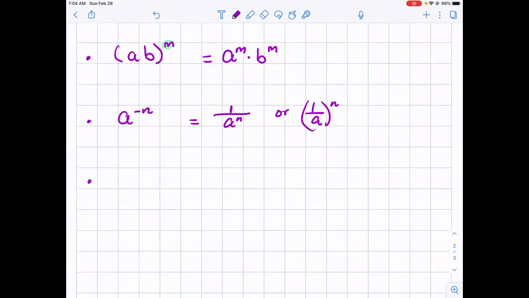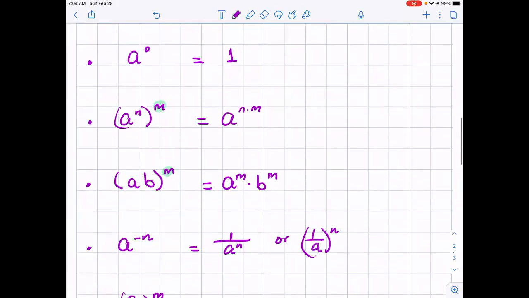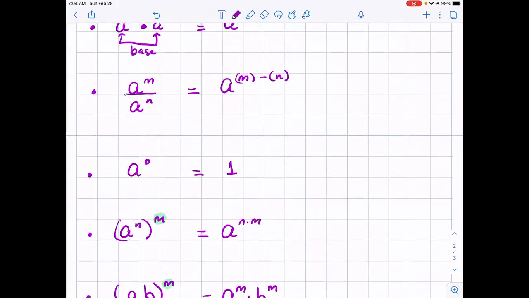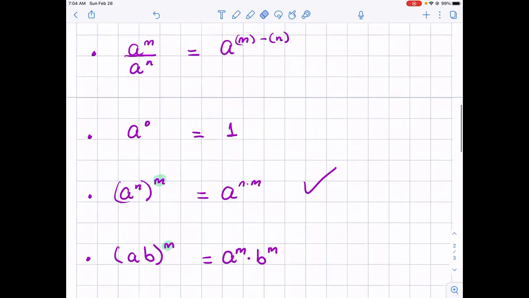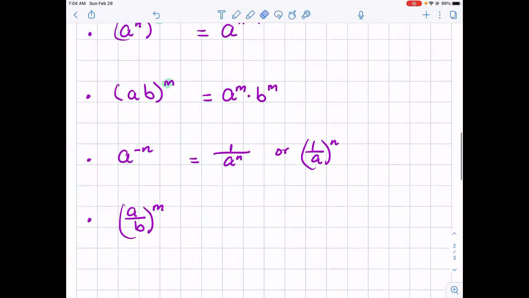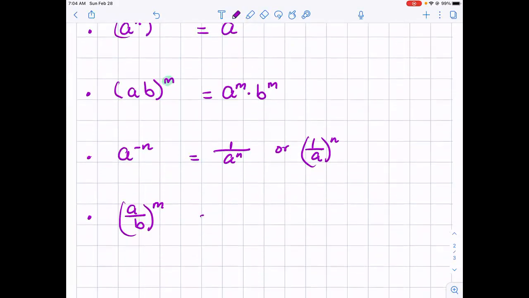But if we have a over b raised to the mth power, which is very similar to the previous one, we distribute the power, so this becomes a to the mth power divided by b to the mth power.